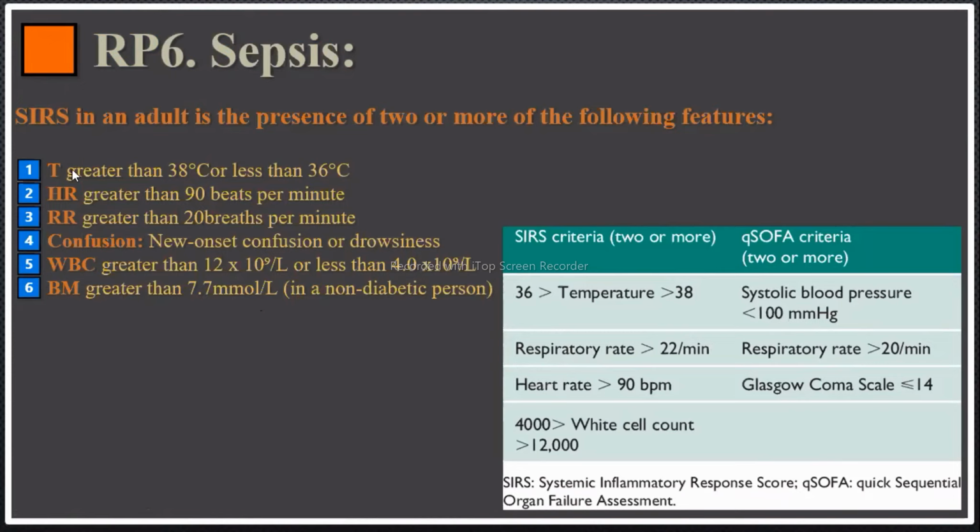Here you have to find 2 or more of these criteria. They also use SOFA criteria, which is 3 criteria only: systolic blood pressure less than 100, respiratory rate more than 20, GCS less than 40. Any of them, GCS, RR, blood pressure. If you find 2 or more, you can use any of them.